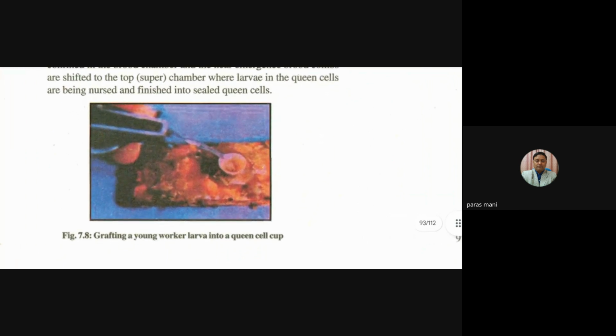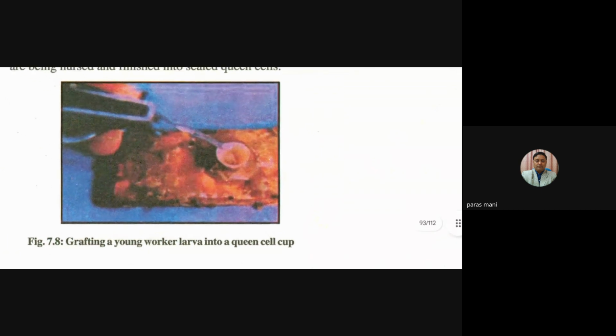Complete explanation has been given regarding the same. You can see the frame with the queen cup cells is inverted, and you can see a queen cup.